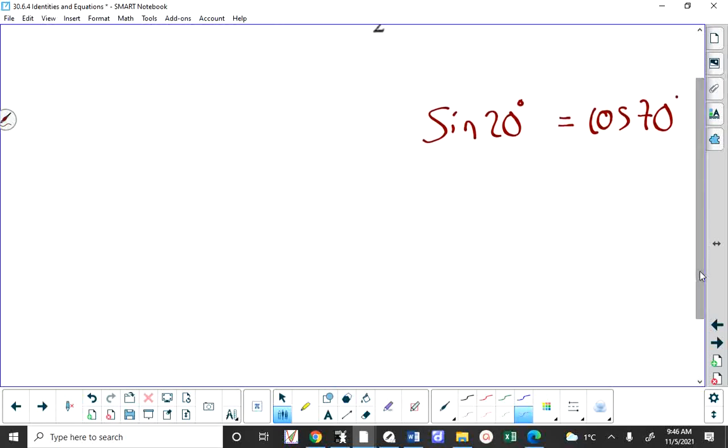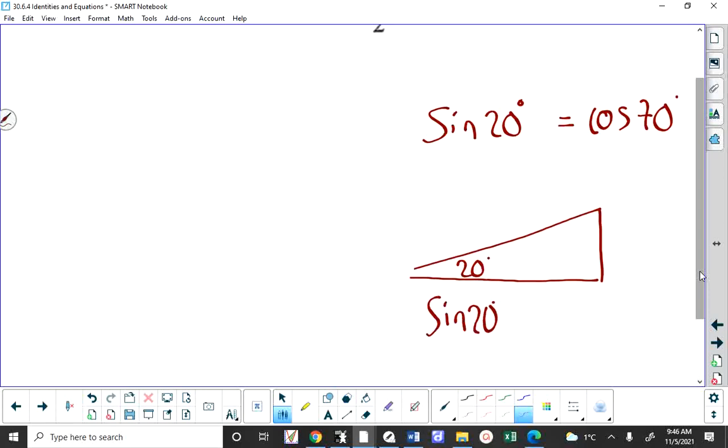The reason for this is if I draw a triangle with a 20-degree angle here, and I say, what is the sine of 20 degrees? It's going to be, well, it'll be the opposite over the hypotenuse, right?